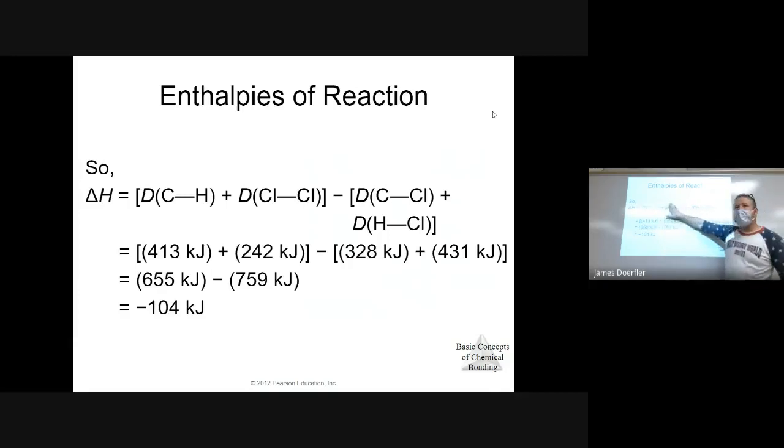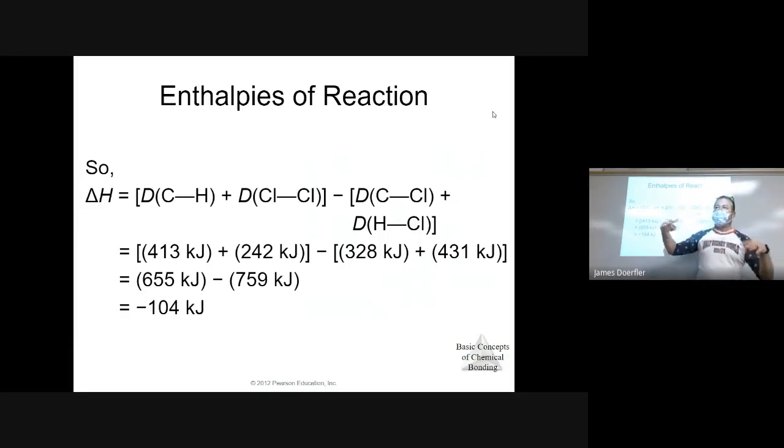What is this first part of that formula again? It's bonds broken. So here's that single. And these capital letter D's are just a stand-in, because there'll be times where you have to break multiple bonds of the same bond.